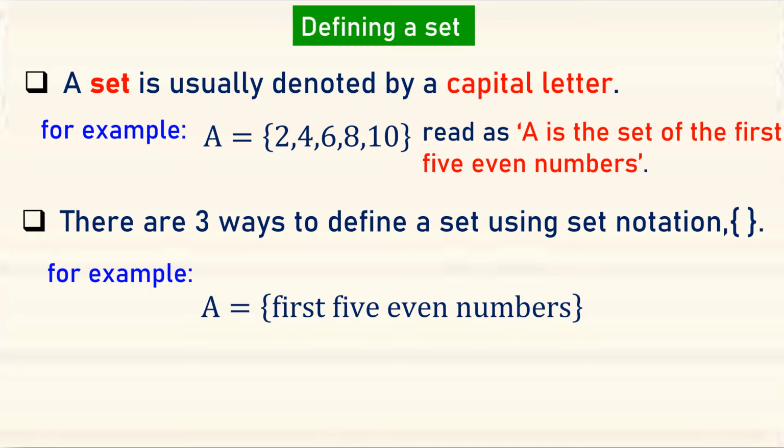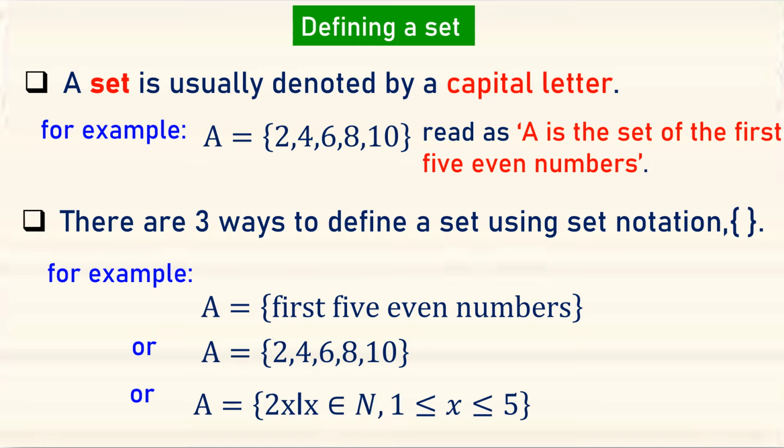For example, set A is equal to the first 5 even numbers, or A is the set of 2, 4, 6, 8, 10, or A is the set of all 2x such that x is an element of N and x is greater than or equal to 1 but less than or equal to 5, which we will be discussing later on, the set builder notation.